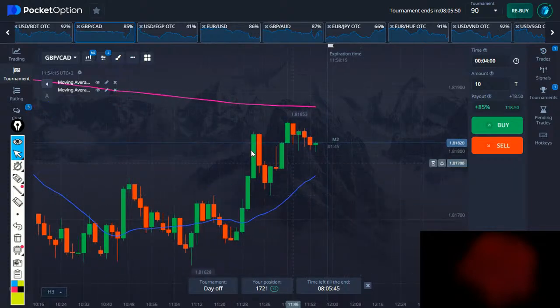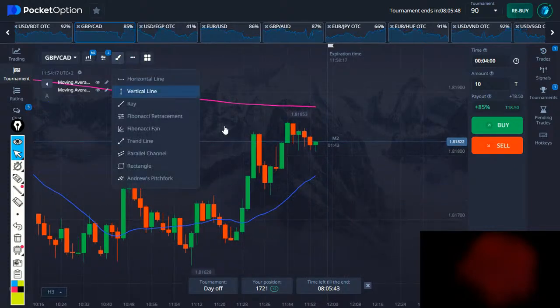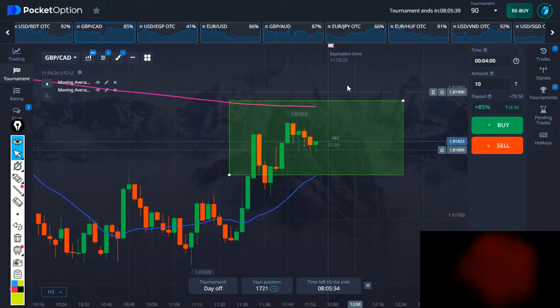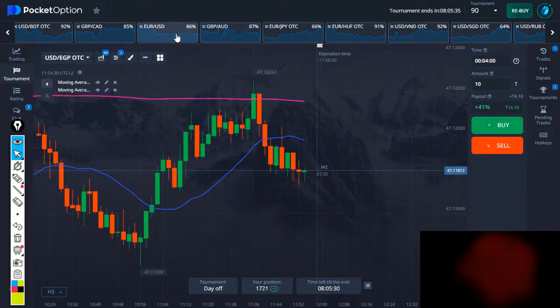This is a potential setup forming here. Let me mark it. Smart zone. I'll also set an alarm. Very low payout. Remove it.